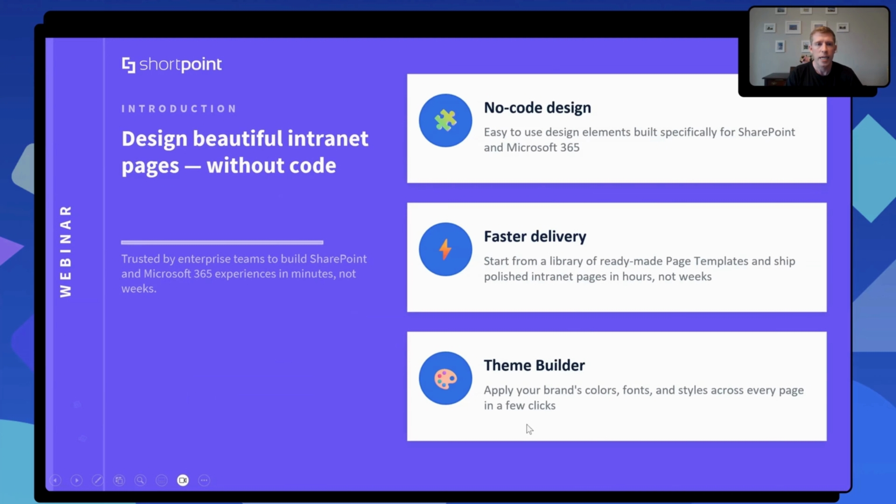If you're at this webinar, you might know what ShortPoint is, but just in case you're new, ShortPoint's a no-code intranet design solution for SharePoint. It's an app that you'll upload into your SharePoint environment. We have our own set of what we call design elements, which are part of our page builder.